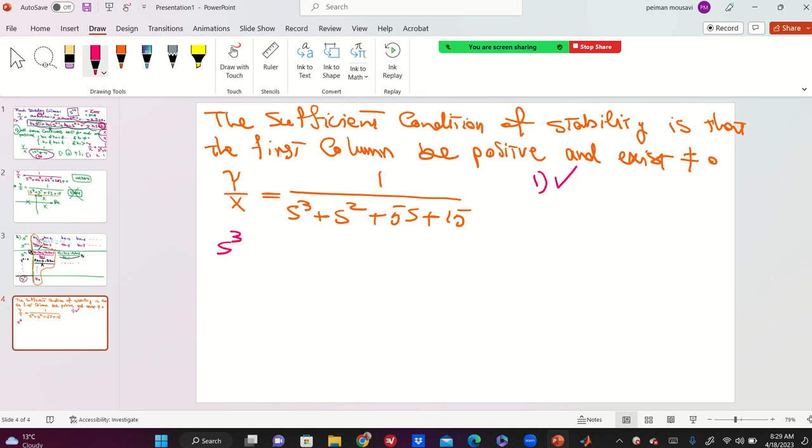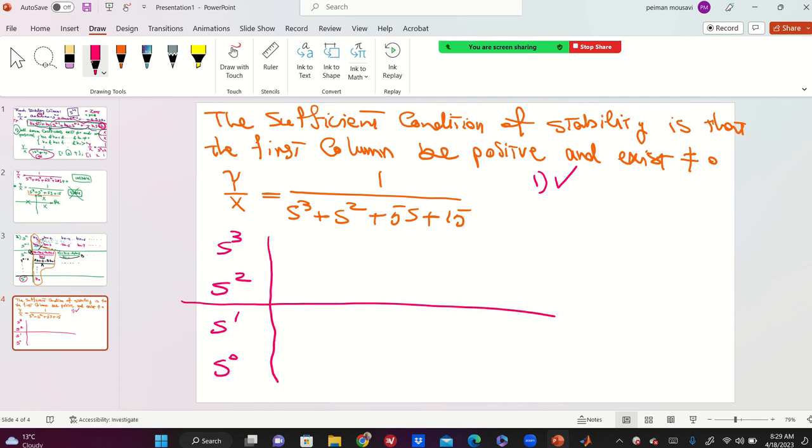S cubed, s squared, s1, s to the power of 0. As I told you, the first two lines and the last line are from the polynomial. Last line is going to be 15. First line is going to be like this, nothing here.